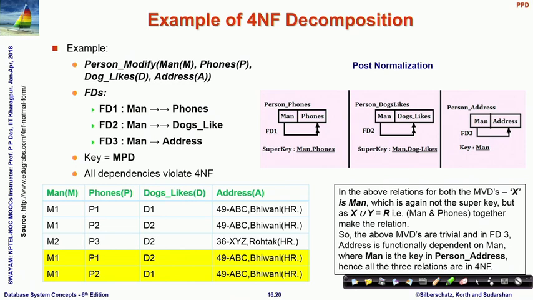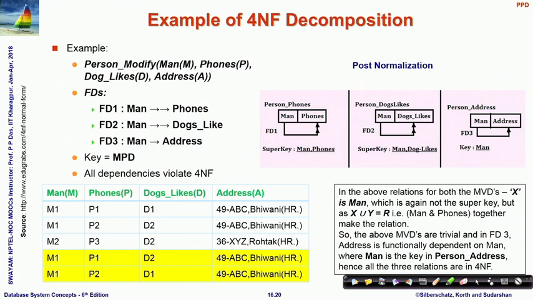On the right we normalize by taking FD1, taking the union of man and phones, which gives you the first relation, and then the rest of it. Then again you split based on FD2, and you have the second relation in the decomposition, man and dog likes, and the third one gets generated as a byproduct, which is man and address. You have three relations now, which together represent the original relation. Each one of them is in fourth normal form.